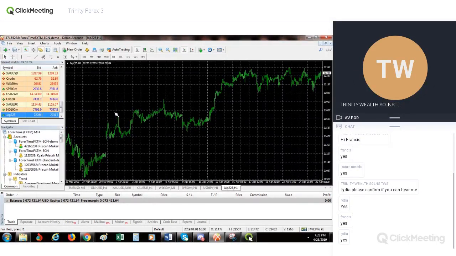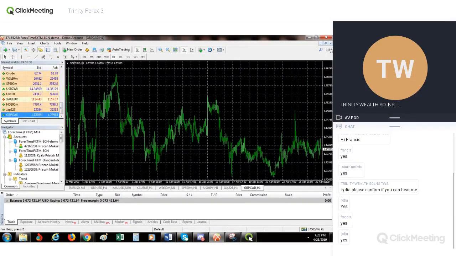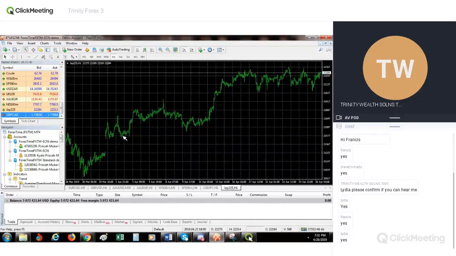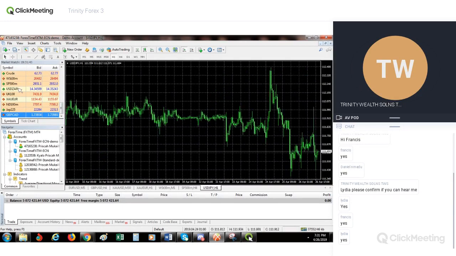Then if I want to put it in my chart window, I just go for it, click on it, right click, say chart window, all right? If I want to remove them one by one, I just click close, I remove that one. I don't need it in my chart, I close. But I just like to operate with very few myself, so I don't operate so many pairs, all right? So I remove what I don't need. That's how you work with the market watch.